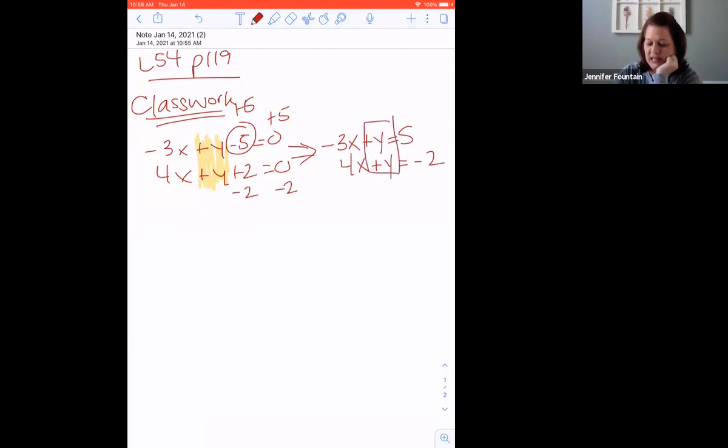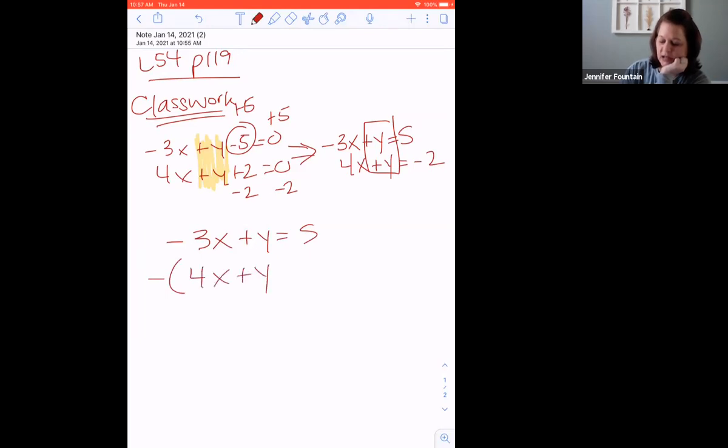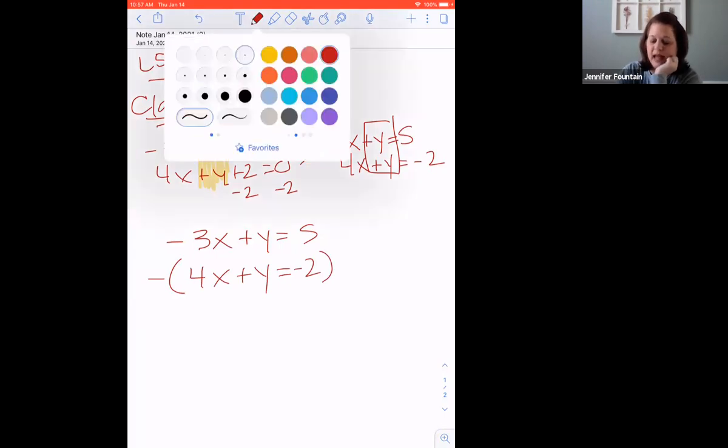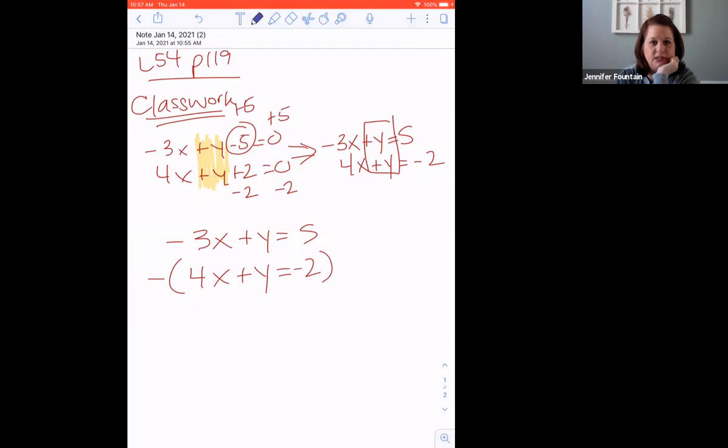Again, I can still see that those are the terms that I'm going to eliminate because right now they're exactly the same. So if I have negative 3x plus y equals 5 minus 4x plus y equals negative 2, this is where I want to go ahead and change to adding the opposite. So I'm going to change my subtraction to addition.